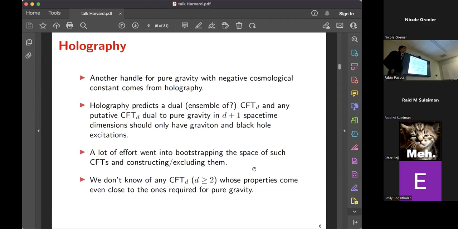And so there can't be a consistent story of black hole thermodynamics. You could call something a toy model of gravity, but it doesn't capture the key features. And there was a lot of work on 3D gravity.